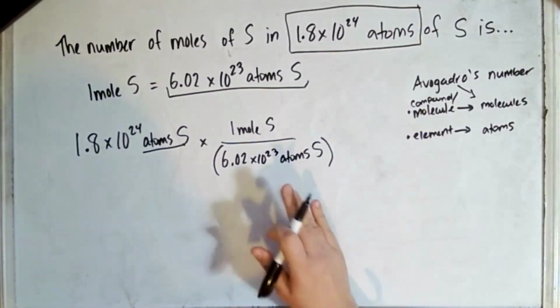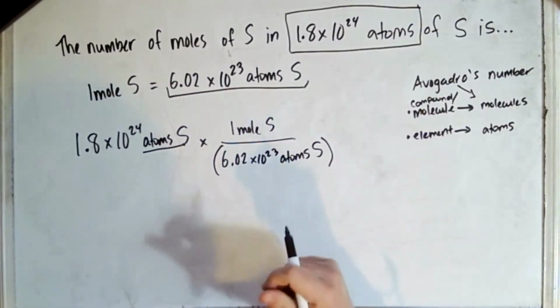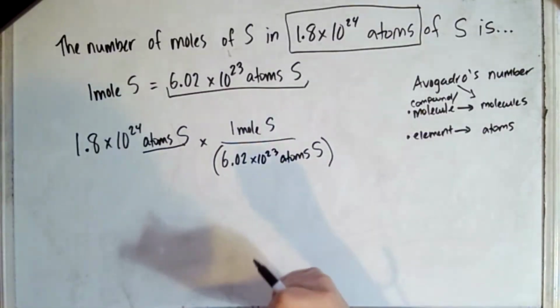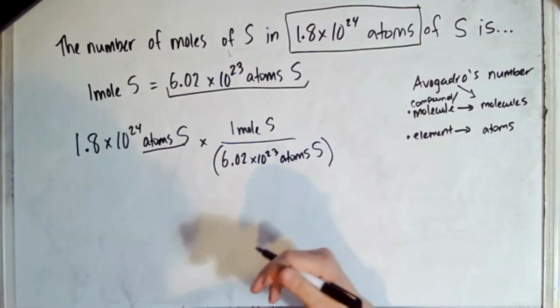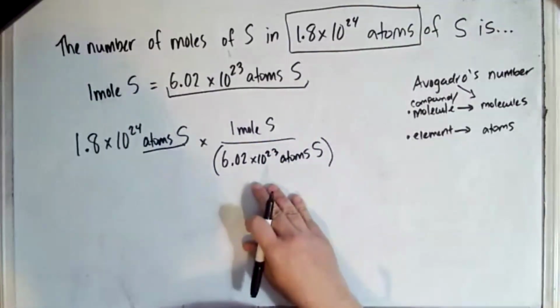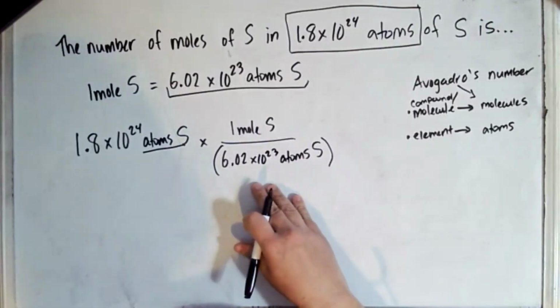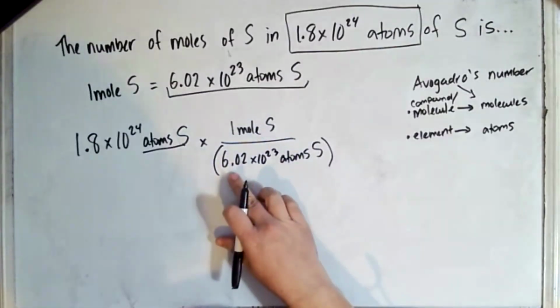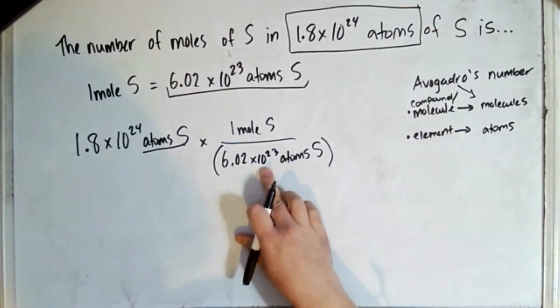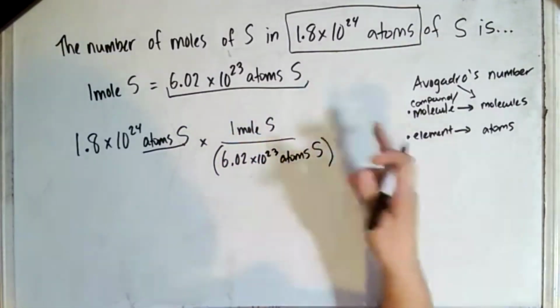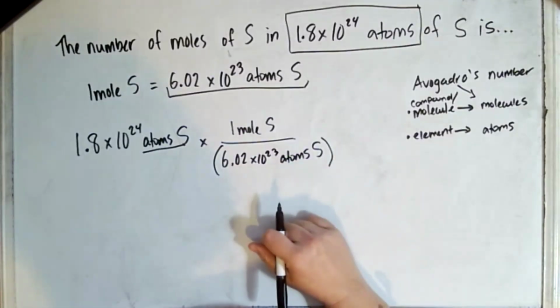A lot of people don't use the scientific notation keys on their calculator when inputting these numbers, and will put this in as 6.02 multiply 10 and then exponent 23, something like that.